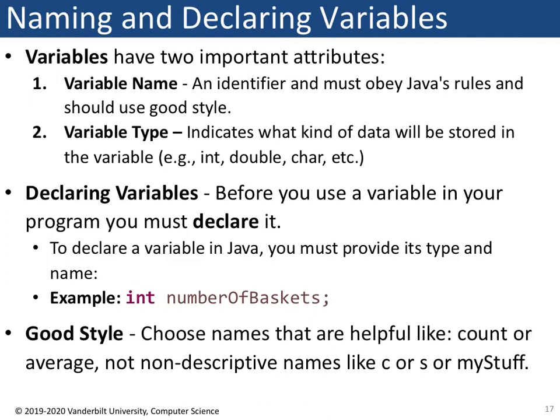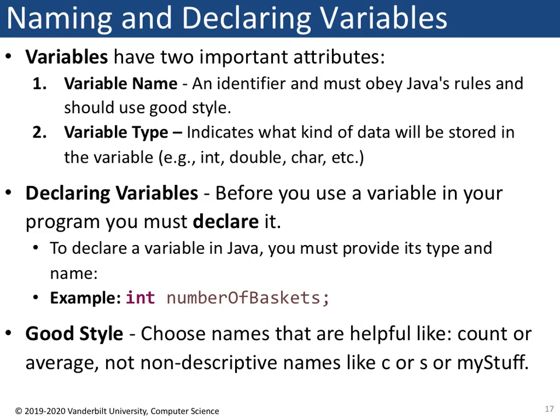So every variable has a name and a type. The name is an identifier, and it must follow the rules and the style which we have discussed previously. The variable type indicates what kind of data can be stored in the variable. So integer, double, char, those would be types, and those are the types of data which may be stored in that variable.